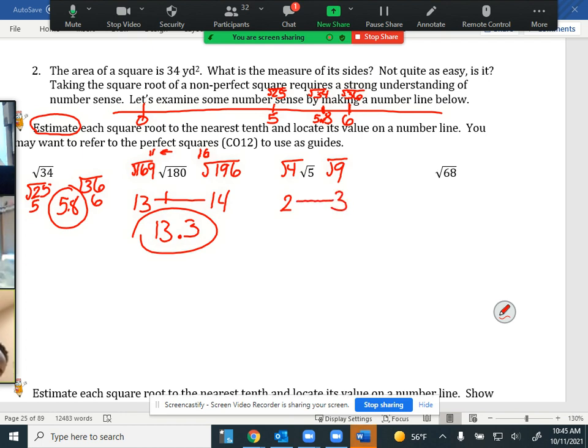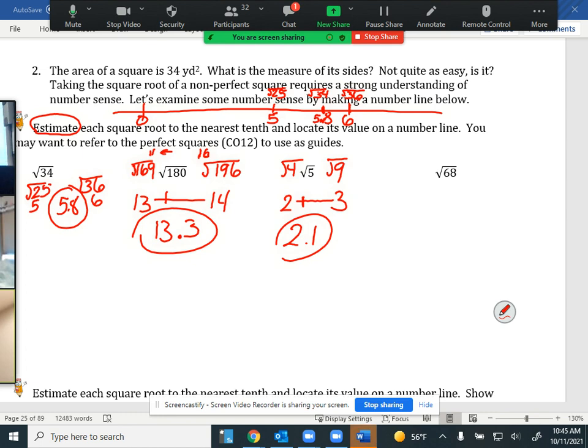On that number line between 2 and 3, 5 is closer to the 4, so it's going to fall closer to the 2. So I would probably guess 2.1. We just want to make sure that we're getting close to it.